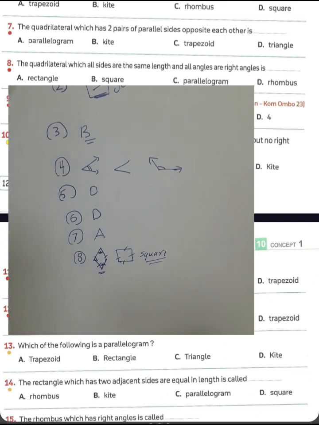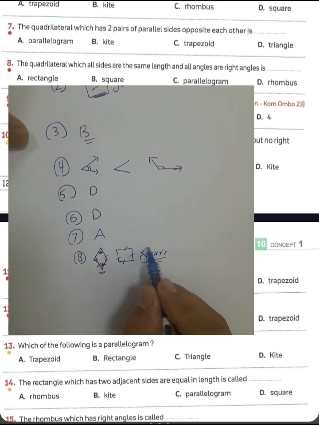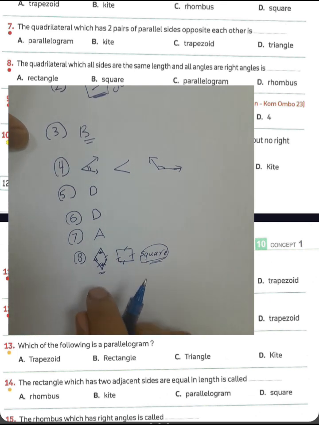Again, question 8: the quadrilateral in which all sides are the same length and all angles are right angles, we call a square. But if all angles are not right, we call it a rhombus. We must know the difference between rhombus and square.